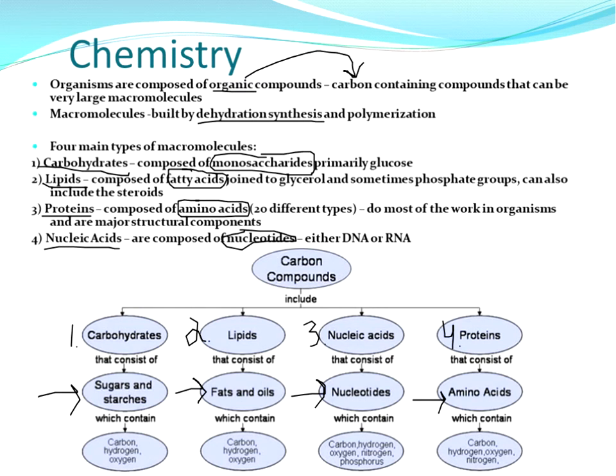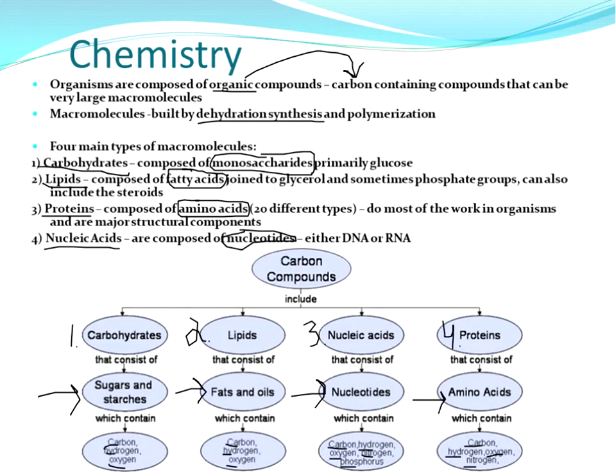And then one last thing, you should know that carbohydrates and lipids are both made of carbon, hydrogen, oxygen. They're both made of those. Whereas proteins are carbon, hydrogen, oxygen, nitrogen, and nucleic acids are carbon, hydrogen, oxygen, nitrogen, and phosphorus.